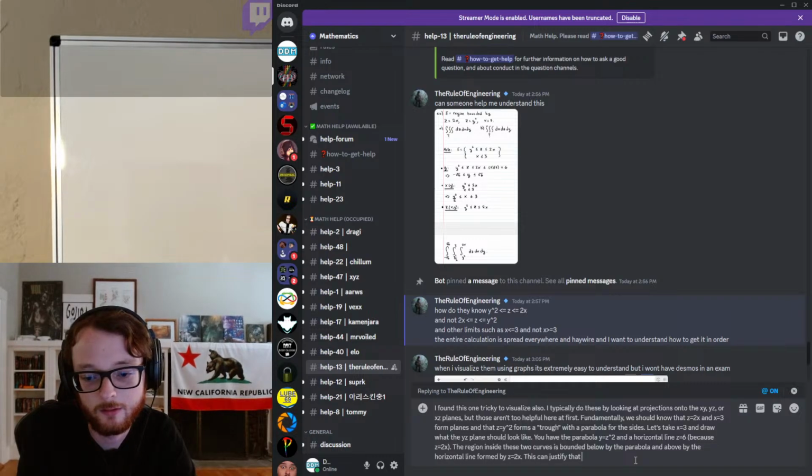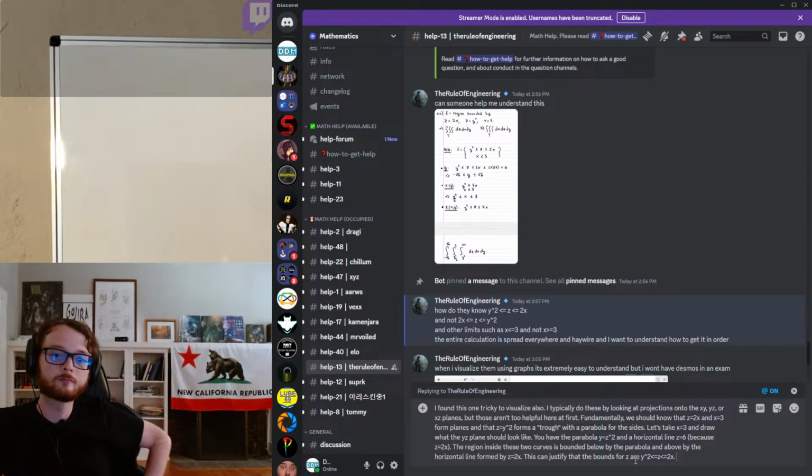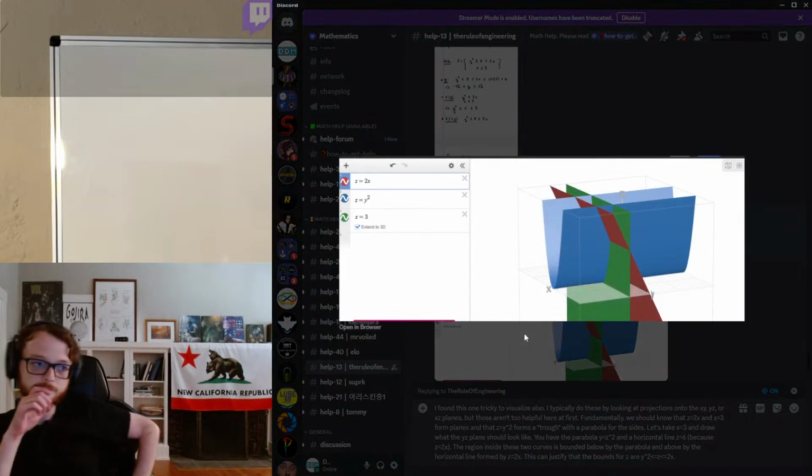How do we bound our x? Why does x not just go from 0 to 3? I'm kind of confused by that.